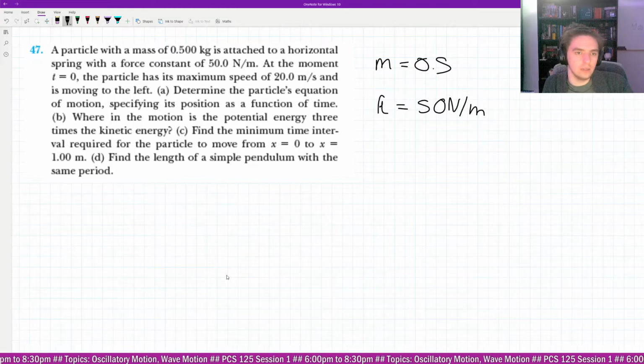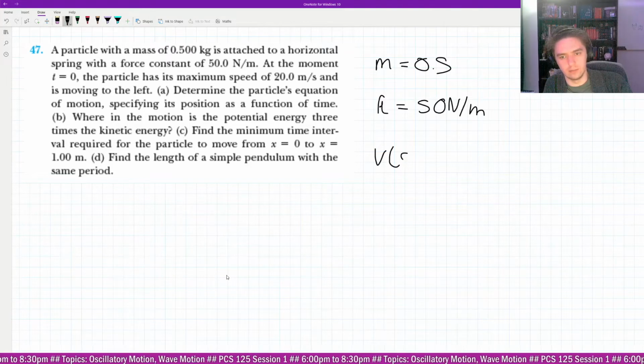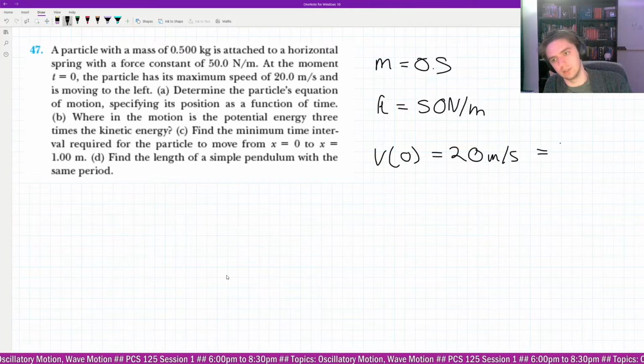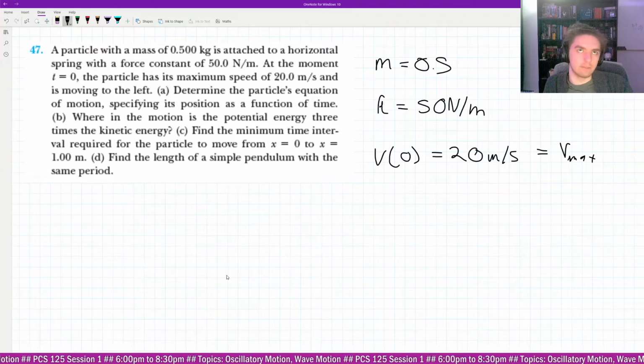At the moment t equals 0, the particle has its maximum speed of 20 meters per second. So v of 0 equals 20 meters per second equals v max. Okay, and is moving to the left.